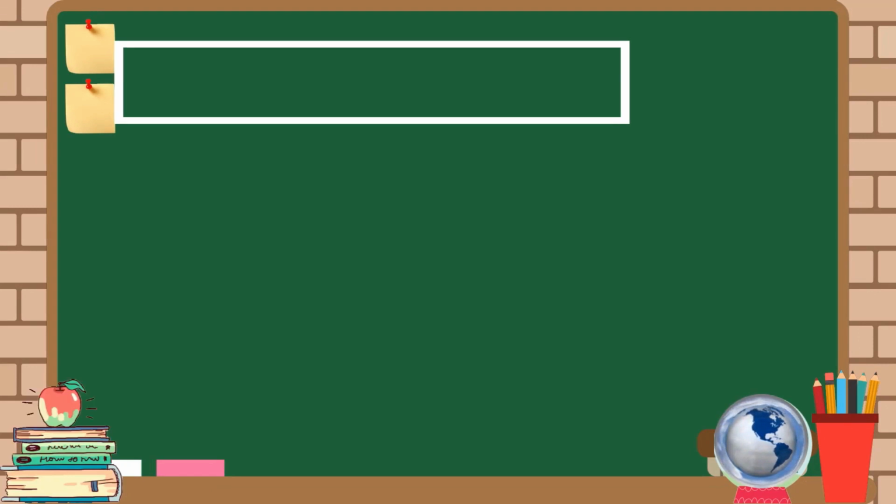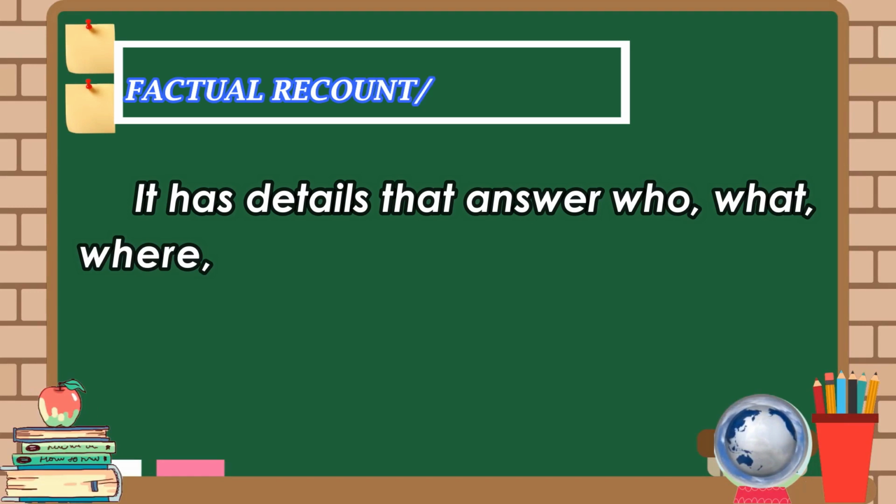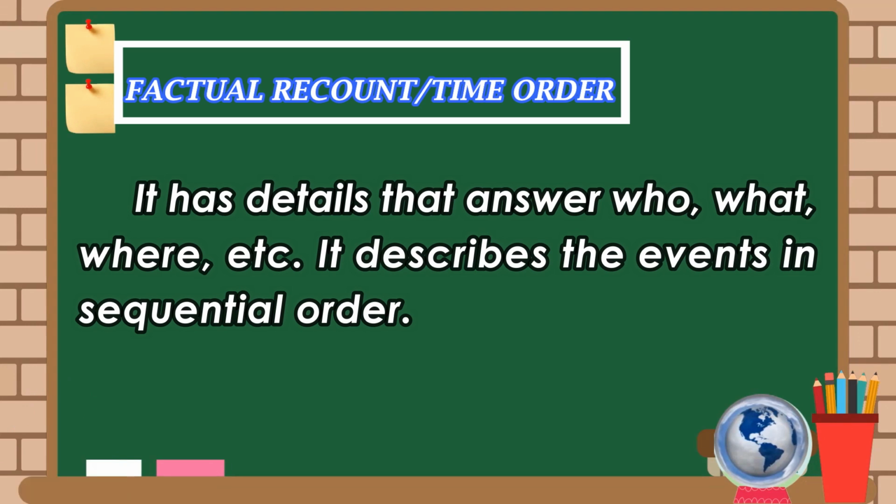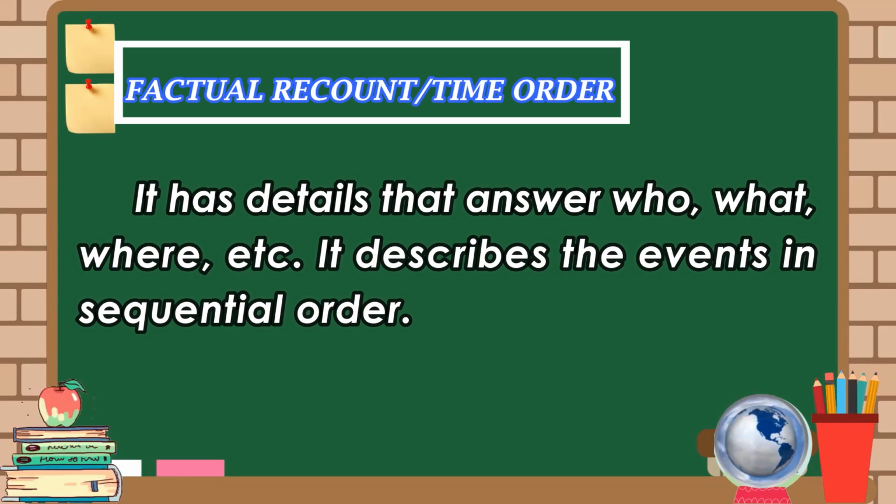Another is factual recount or time order. Factual recount or time order has details that answer who, what, where, etc. It describes the events in sequential order. Recounts focus on retelling events and are generally intended to inform and entertain.